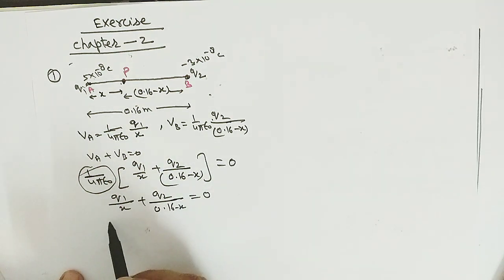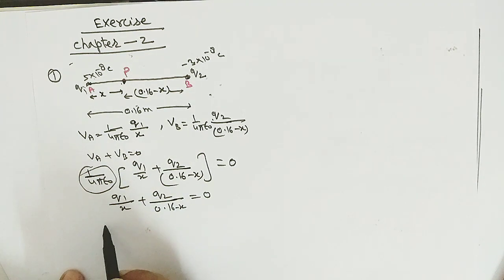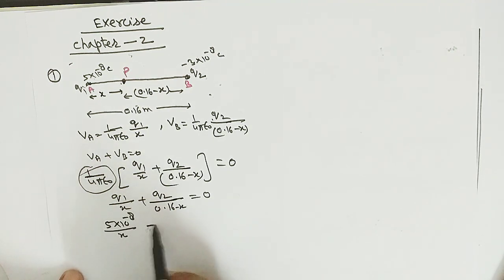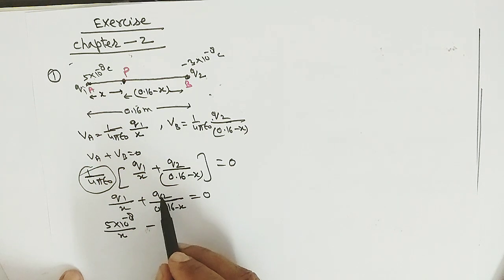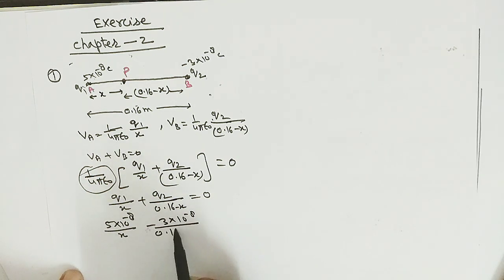Now put the values of Q1 and Q2 so we can find x. So Q1 is 5 into 10 to power minus 8 upon x, minus, since Q2 is negative, 3 into 10 to power minus 8 upon 0.16 minus x is equal to 0.